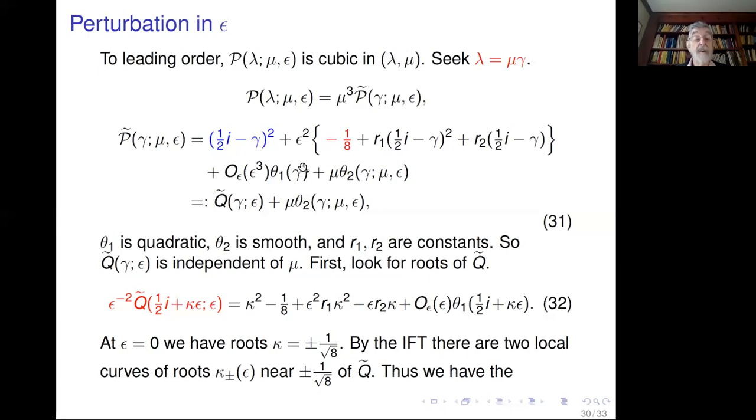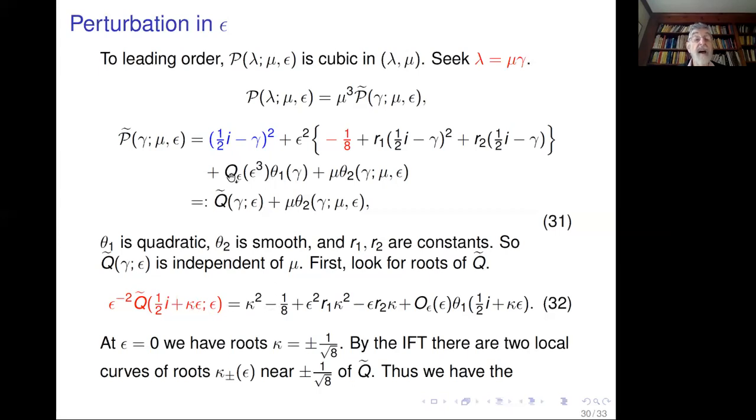Okay, so in order to make this really clear, I'm going to let gamma be 1/2 i plus something small. So let's call it gamma is now 1/2 i plus kappa, some parameter, times epsilon. It's the same expression as here.